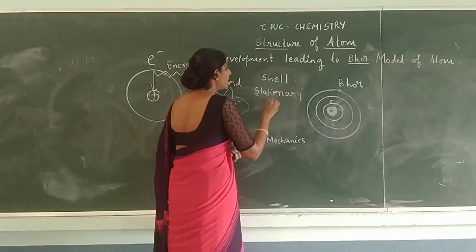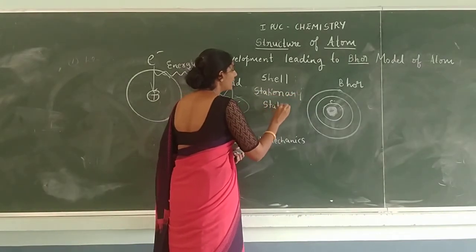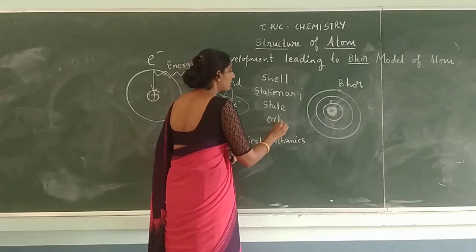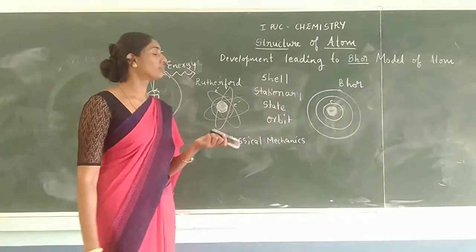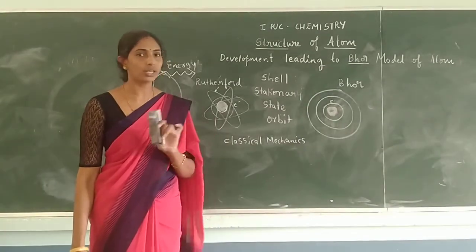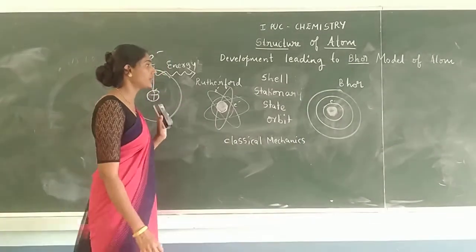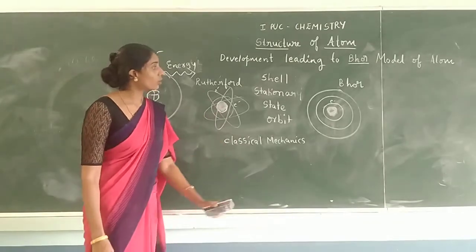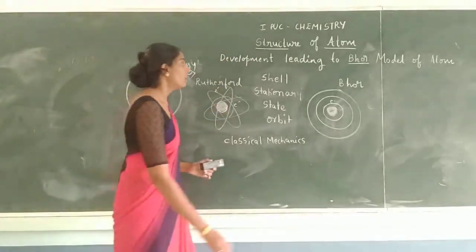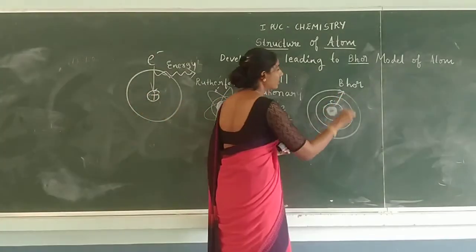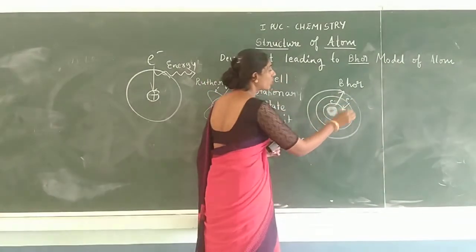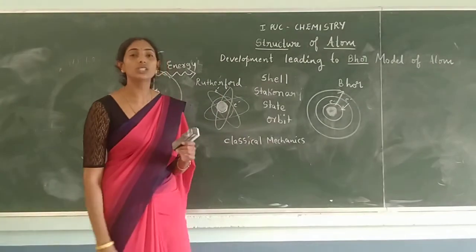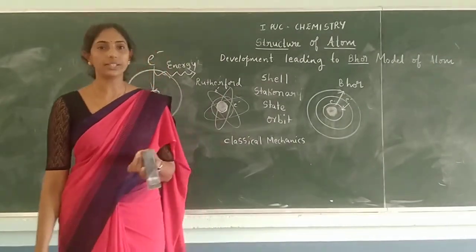Stationary state. When the electrons are moving in a stationary state or in the orbit, the energy of the electron and the radius of the electron is usually fixed. Change ಆಗುವುದಿಲ್ಲ. ಯಾವಾಗ changes ಆಗ್ತದೆ ಅಂದ್ರೆ when that electron undergoes excitation, when the electron is coming to the ground state, only then the energy or radius of the electron gets changed.